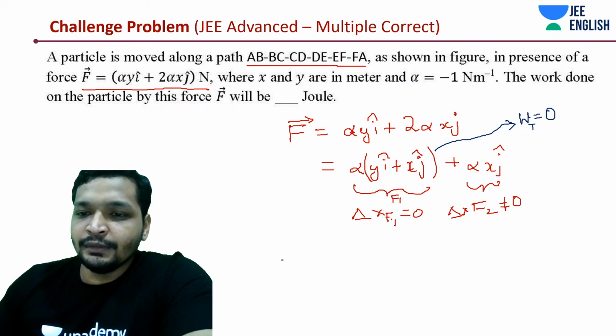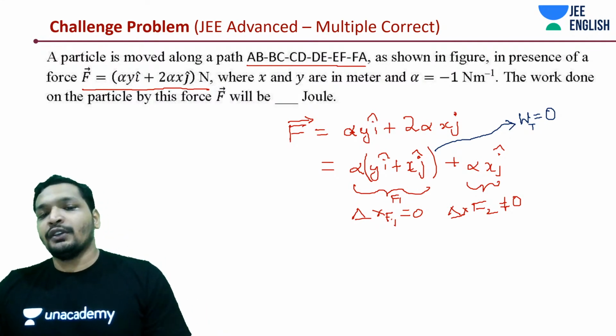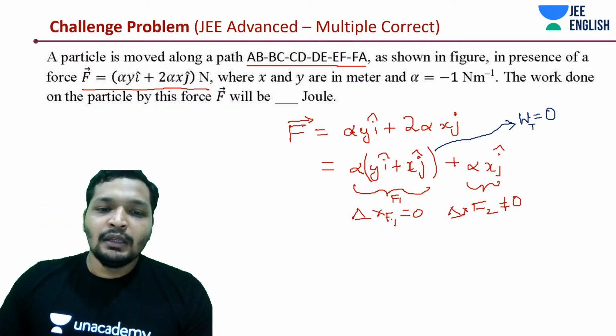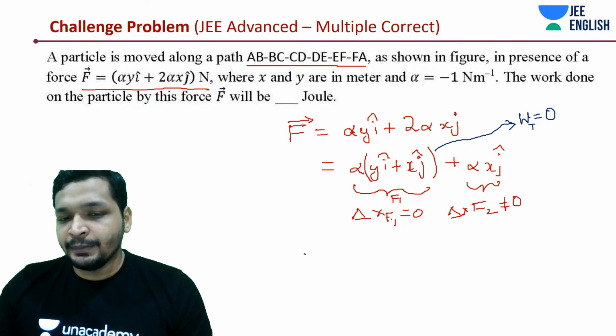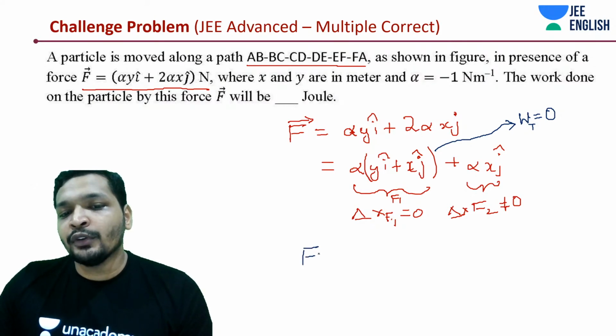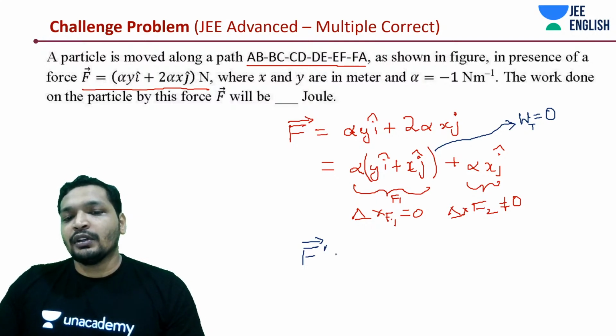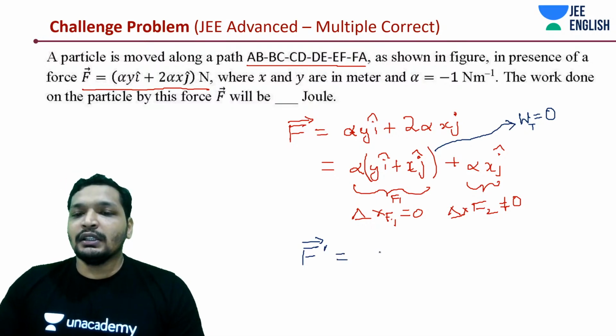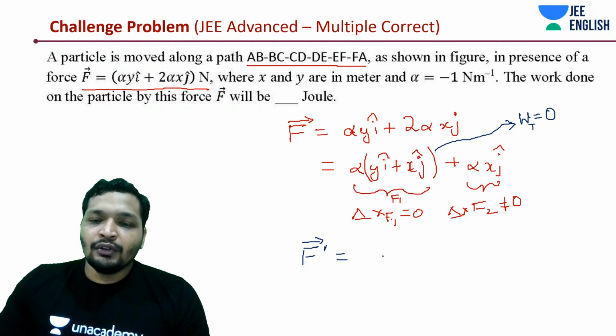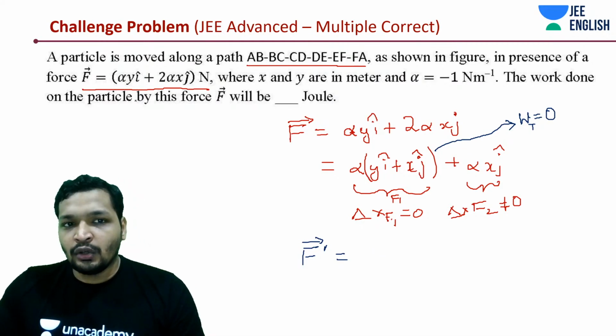Little shortcut. Maybe you want to apply this in future in your exams or maybe in the coming exam, because this concept is becoming popular. So now I'm going to only analyze some F dash, because I need to find out only the force in the total work done.